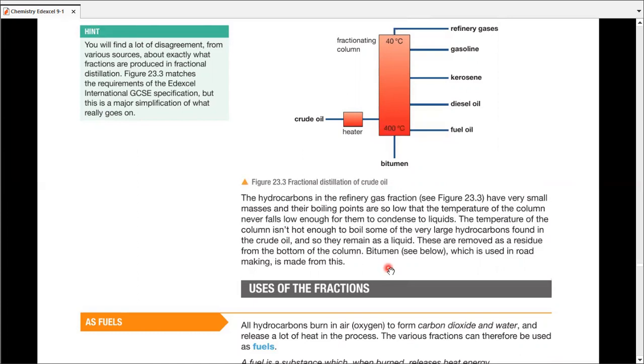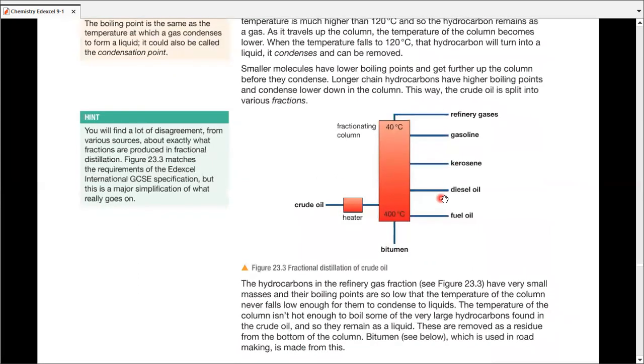We call them bitumen. They are removed as the residue from the bottom, since the temperature of the heater doesn't affect them much. So bitumen is like the residue, since no change happens to them, and refinery gases go to the top since they stay as gases.